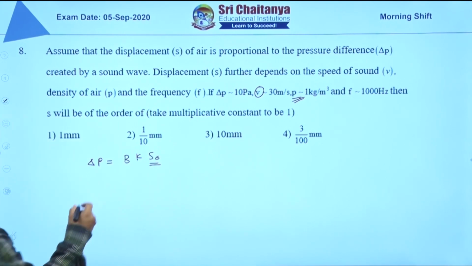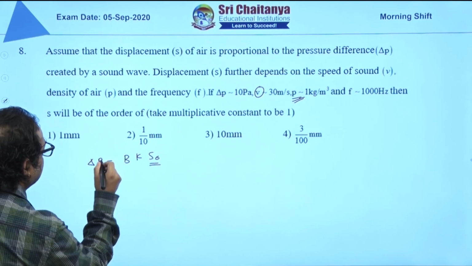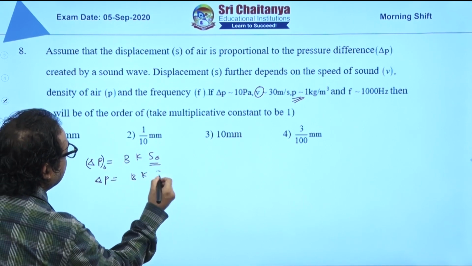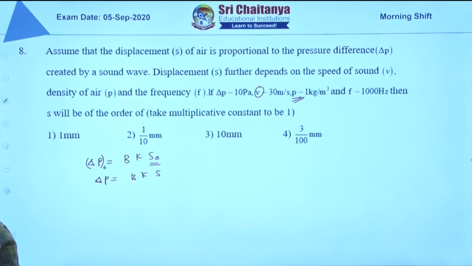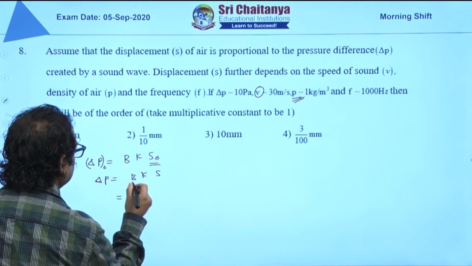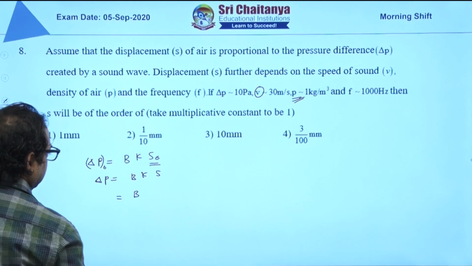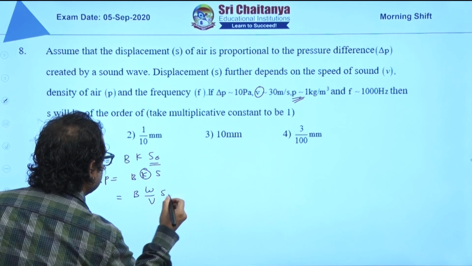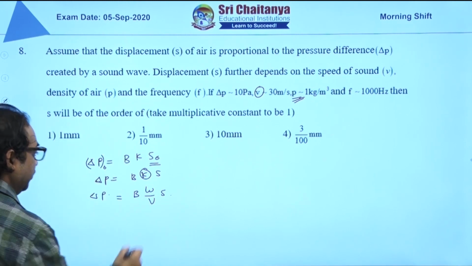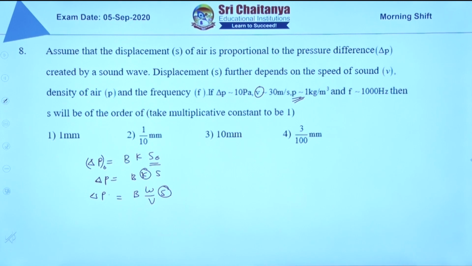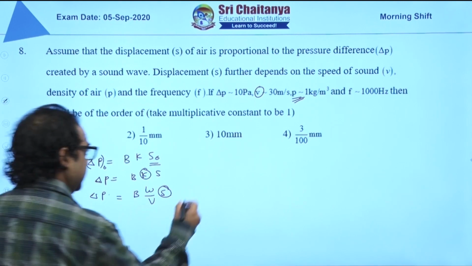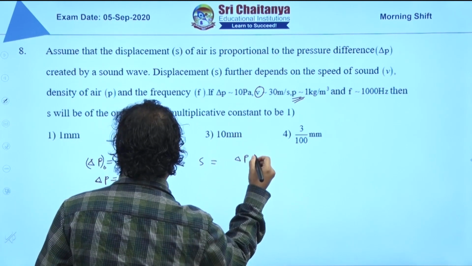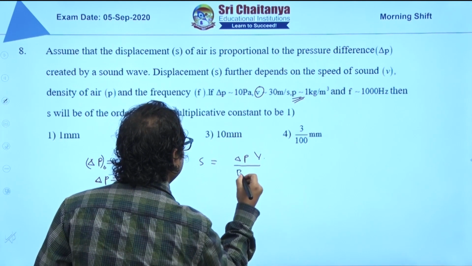So we can write pressure at any instant, this is the amplitude, can be written as B into K into S, fine, and K value, how much you are getting, omega upon V into S. So this is your pressure, we know the formula. We want S value, right. S value how much we will get? S is nothing but delta P into V divided by B omega.